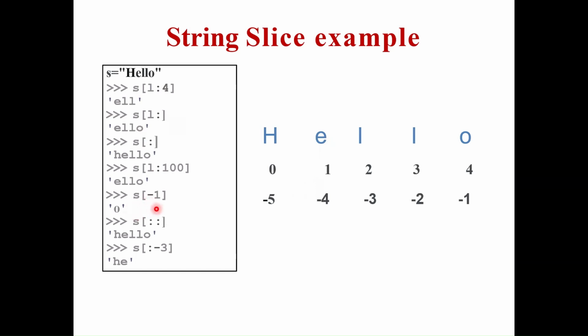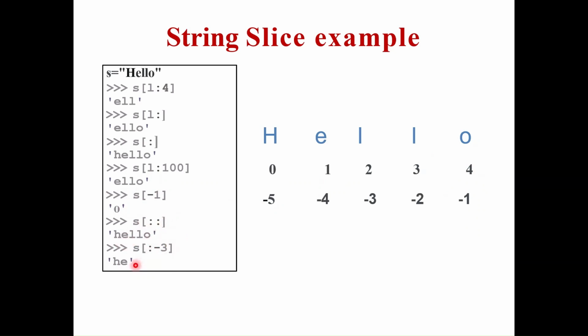The next example says to display the character at the -1 index. The last character of the string is at the -1 position, so we'll get the value O. Then in the next example, the starting as well as the ending is not mentioned, so the entire string will be displayed.